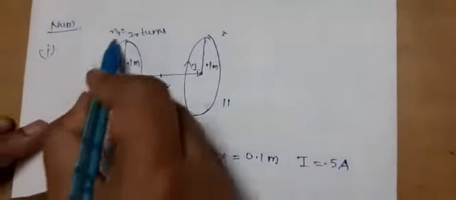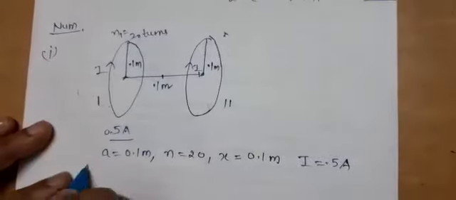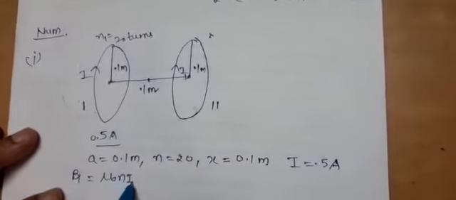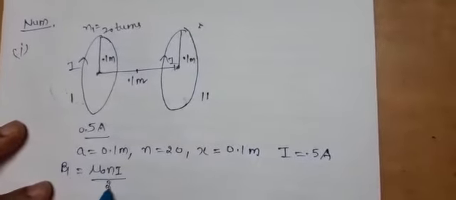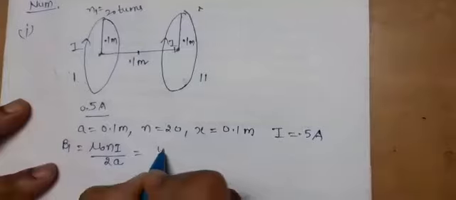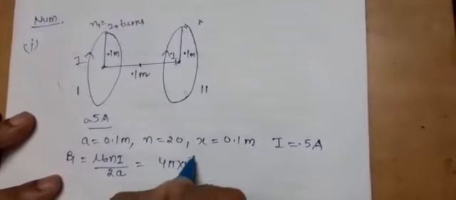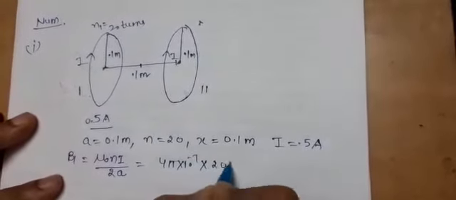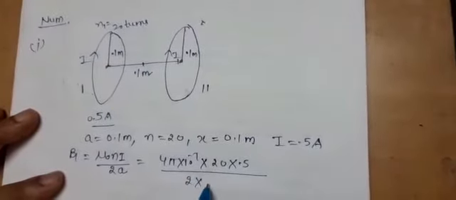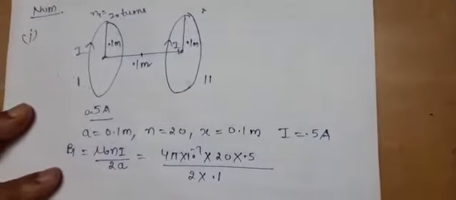So the magnetic field at the center of this first coil will be mu naught N I upon 2a. Mu naught is 4 pi times 10 raised to the power minus 7, number of turns is 20, current is 0.5 ampere, and the radius is 0.1.